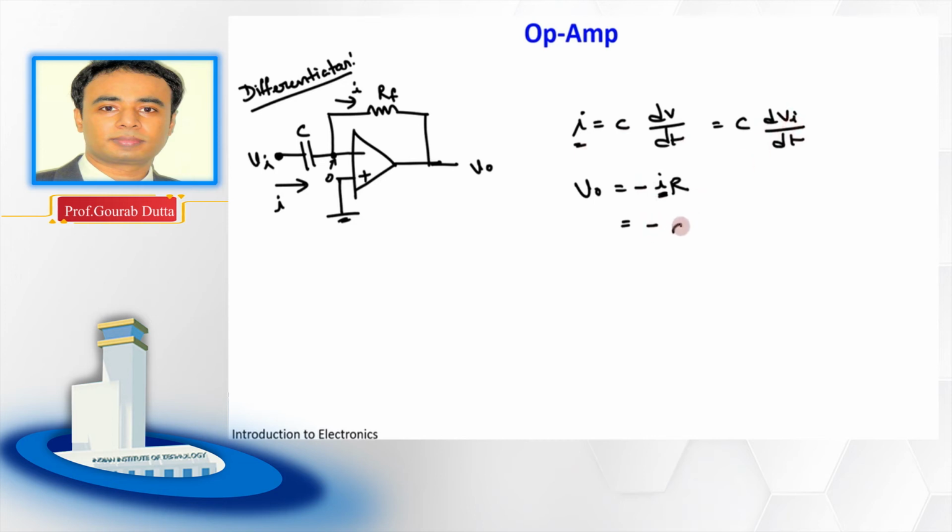So we can write Vo equals minus C RF dVi/dt. Here you can see the output voltage is proportional to the derivative of the input voltage. So that's why the name differentiator.